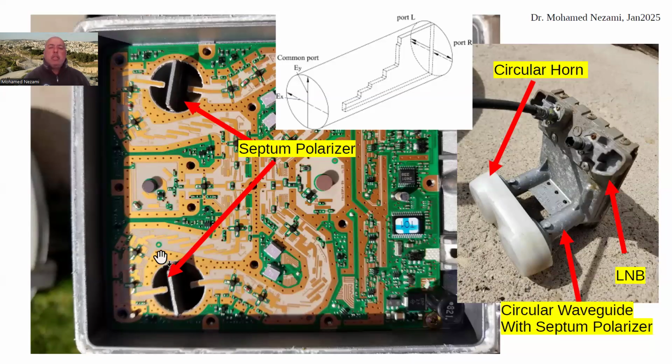You can see this being done twice. This LNB has four channels: vertical and horizontal from one, and vertical and horizontal from the other. And this here is really the feed mechanism to the LNB.